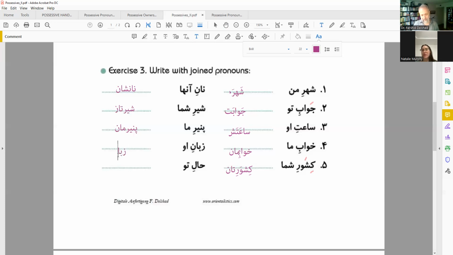Zabānash. What about the spoken version? Zabonish, or does the word change? That changes. Zabunish. Because you have this criteria of Aleph and Nun, right? That's the point. You need Aleph and Nun to change it to Un.